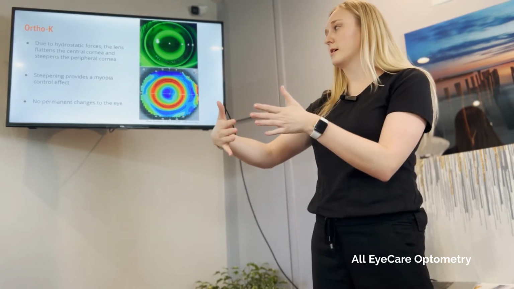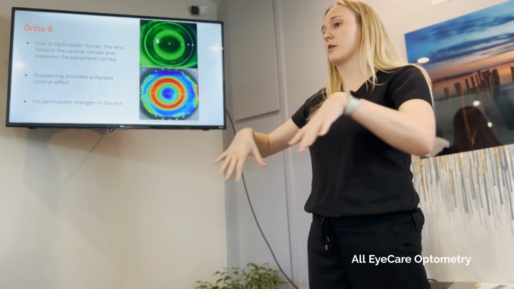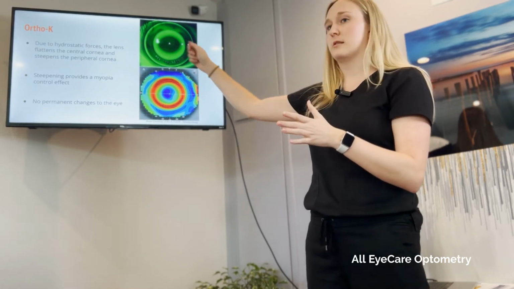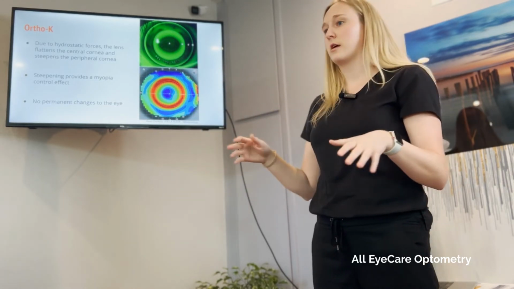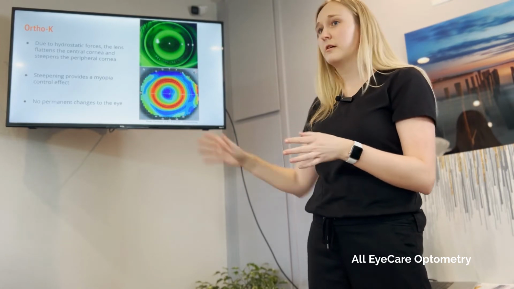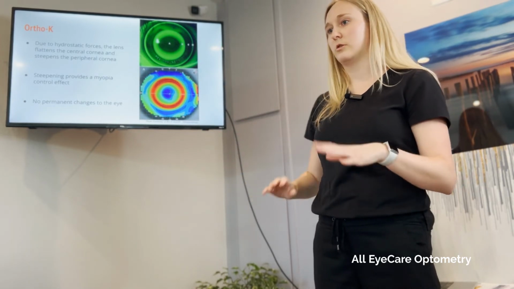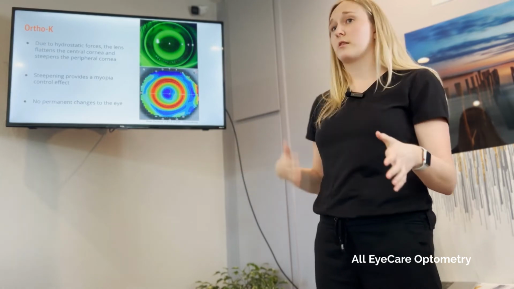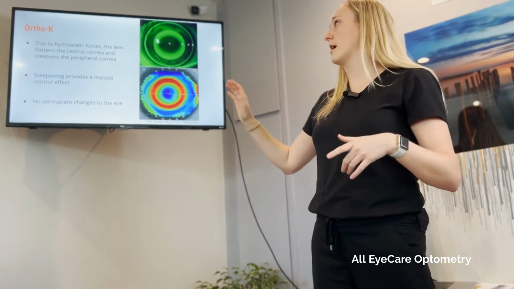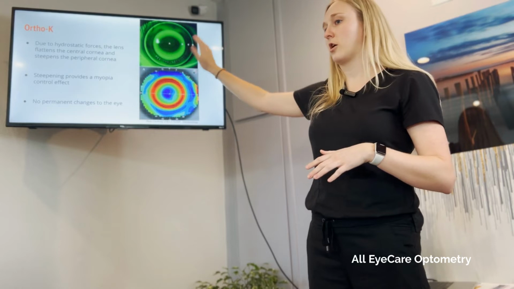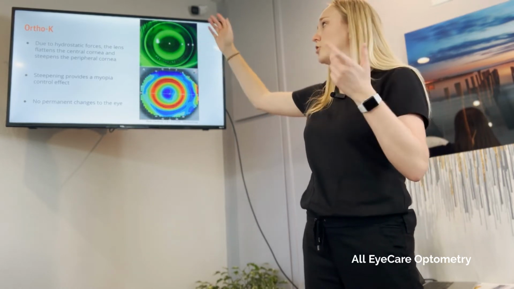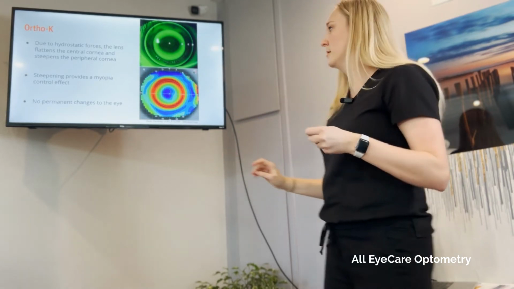It's the fluid in the cells of the cornea that's being redirected. So let's say we take this patient out of ortho-K, within 2 weeks, a month, their cornea is going to be completely back to normal, no damage. And that's part of the fitting process, is us making sure that it's fit well so that it doesn't cause any dryness, damage, anything like that.